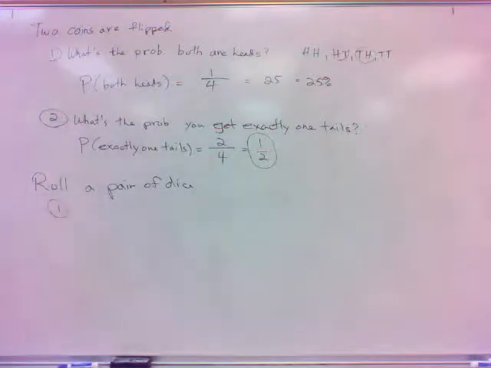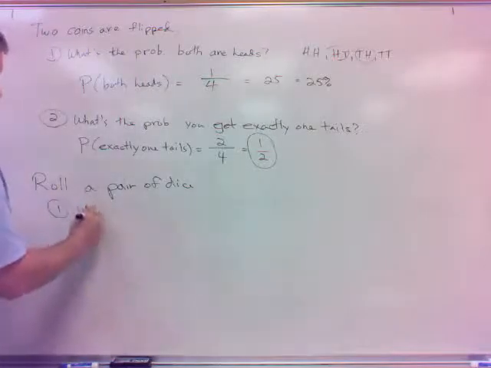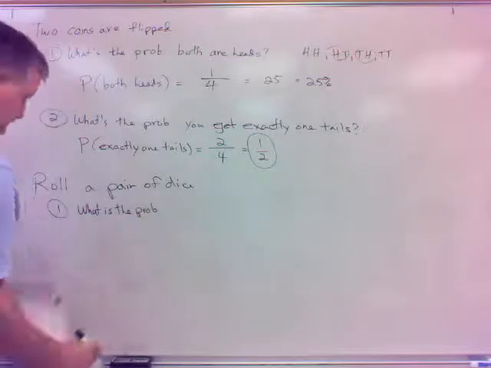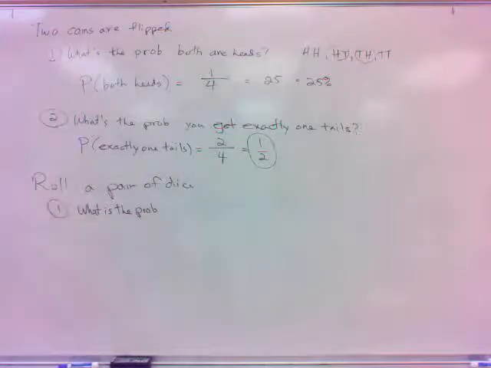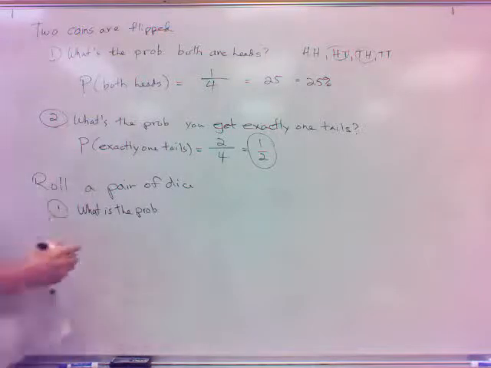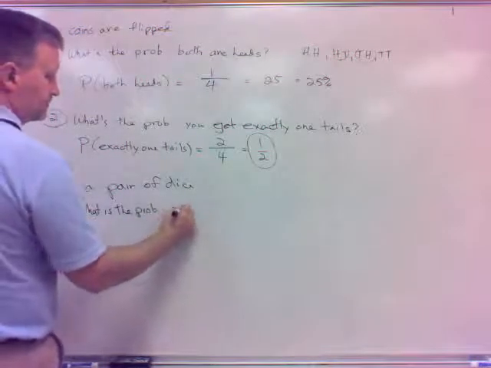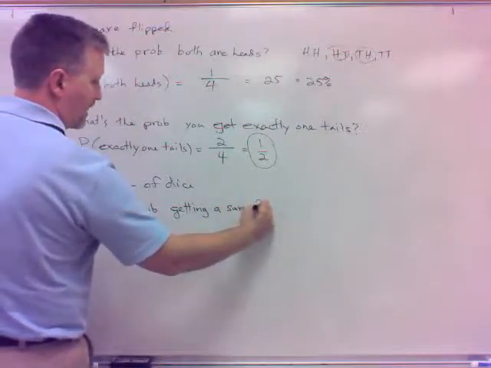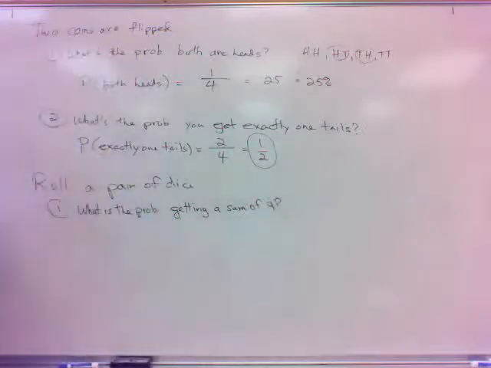Number 1 on it, let's say: what's the probability of getting a sum of 9? What is the probability of getting a sum of 9?